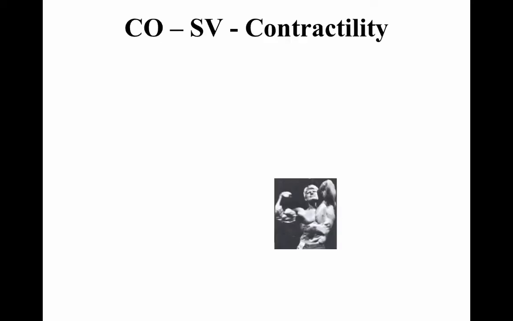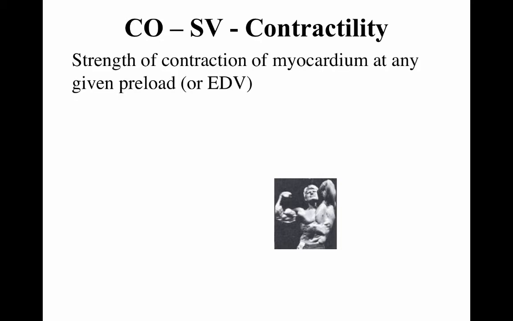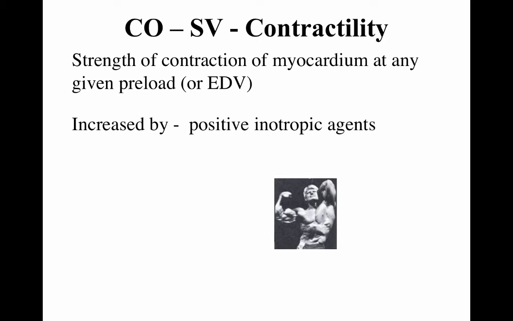The cardiac output stroke volume relationship with contractility then would say that the strength of contraction of the myocardium at any given preload, the preload being our end diastolic volume, is increased by positive inotropic agents. An inotropic agent is an agent that would modify the force or speed of contraction of a muscle.